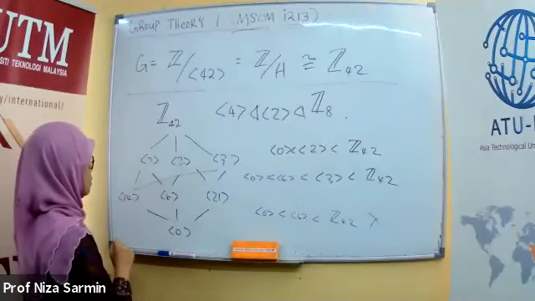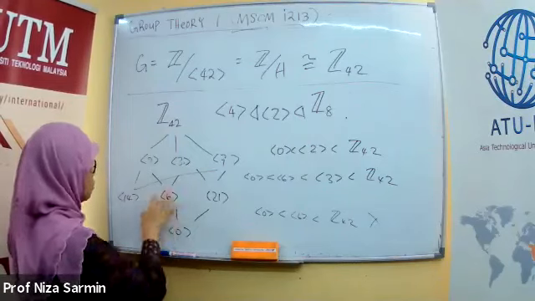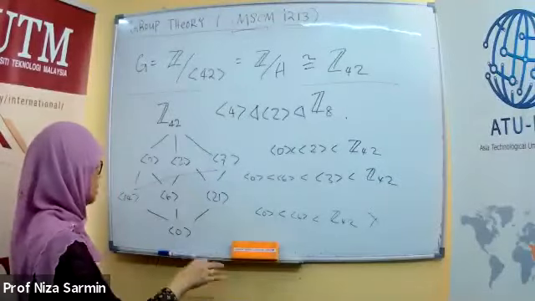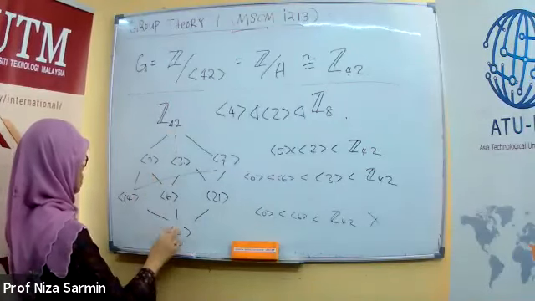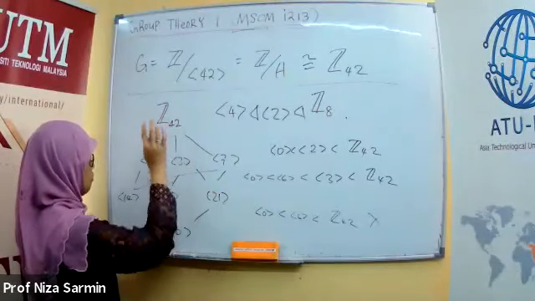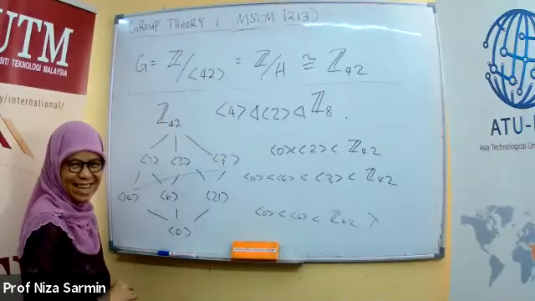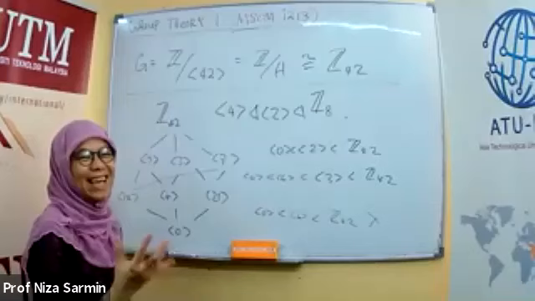Just now there are 3, right? 3 equivalent ones. Then 1, 2, 3, 4, 5, 6. Try it.